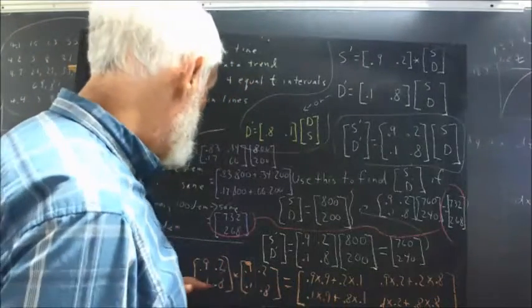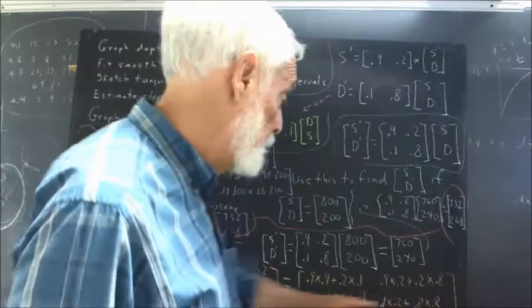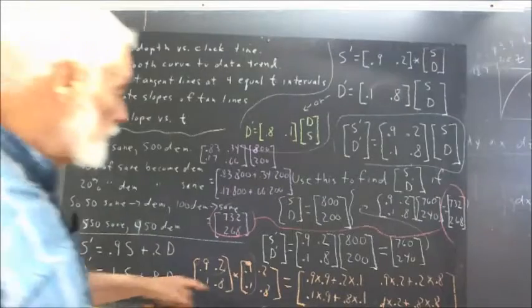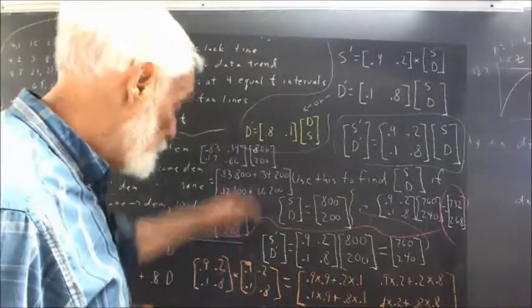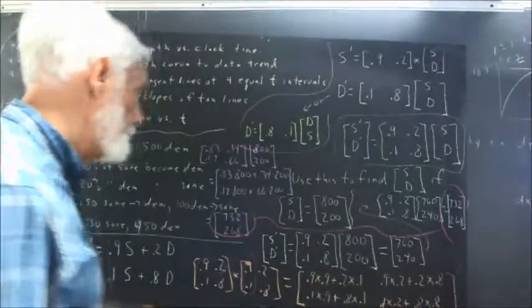And since that came from the second row, first column, I've got it in the right place, which is the second row of this matrix and the first column. Then I multiply the second row by the second column and put that result in the second row, second column.